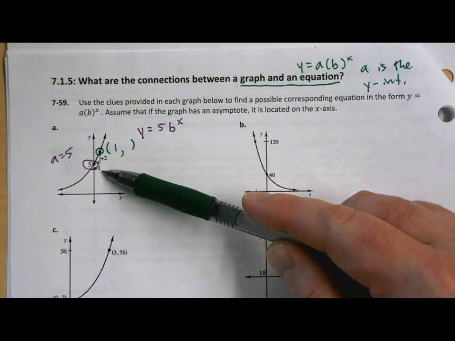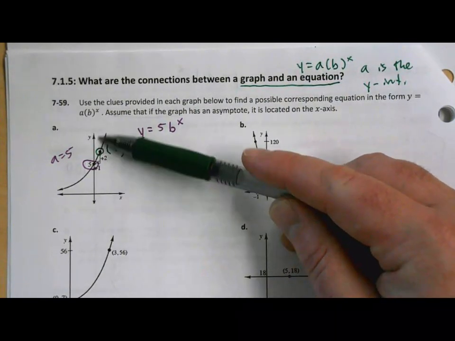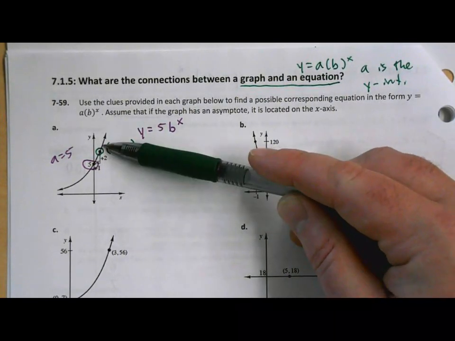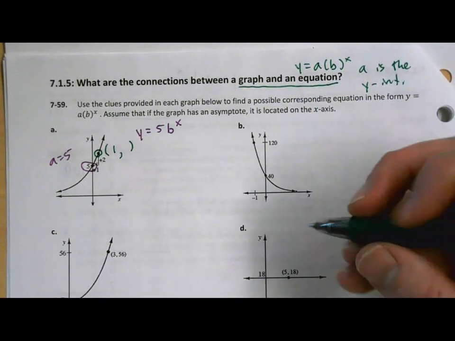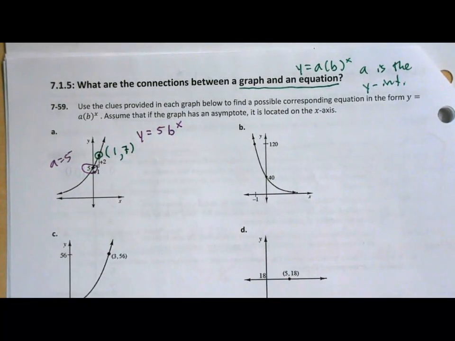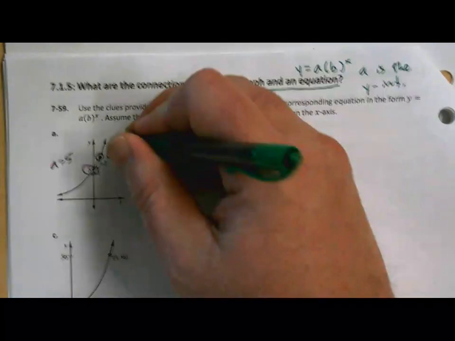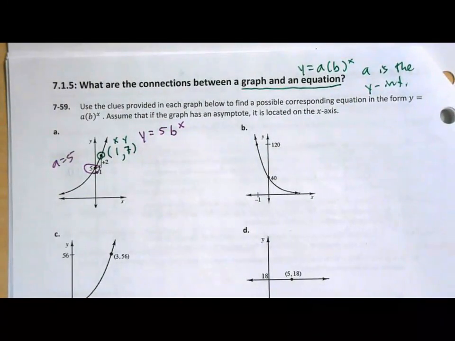It says that right here. And then how high up from the origin is that point? This would be 7 because it's 5 up to here and then plus another 2 gets us 7, right? I agree. Yeah, I see where you're getting the 7 from now. 1, 7, are we feeling okay with that? Cool. Label them, stick an x and a y over it, and let's put those numbers into our equation.